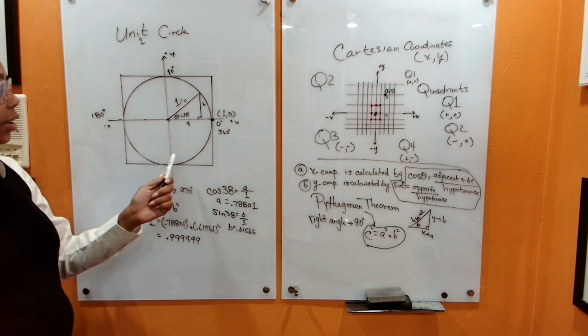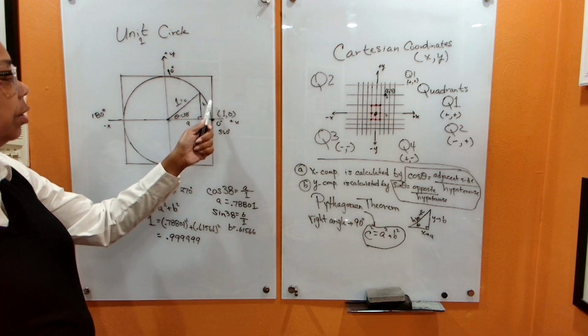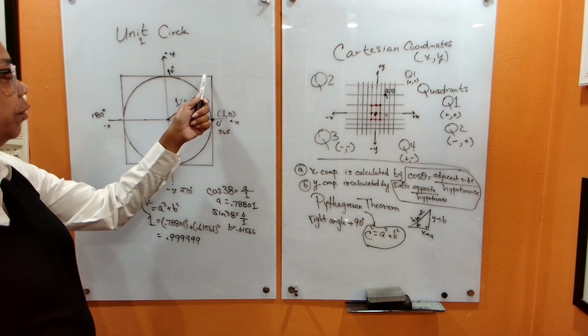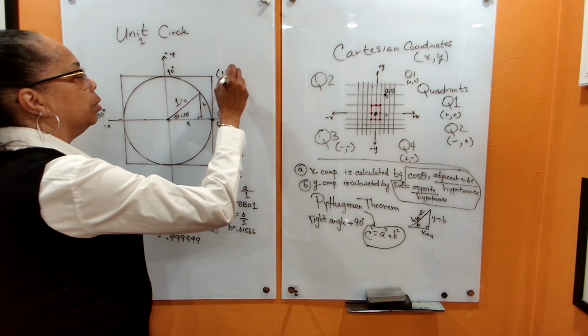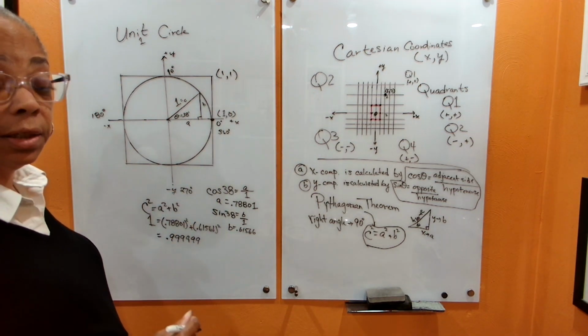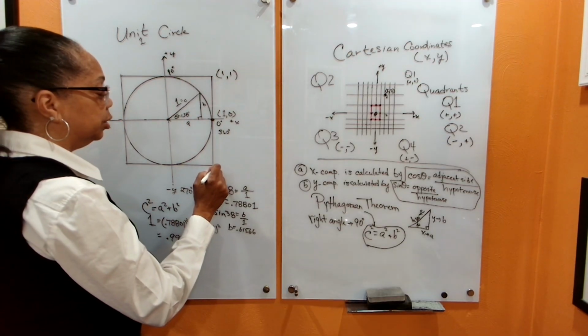Now, mind you, the circle doesn't touch any of this space over here. These things out here have their own values. Like this corner right here is 1, 1. 1, 1 does not satisfy the Pythagorean theorem. Neither does this one.